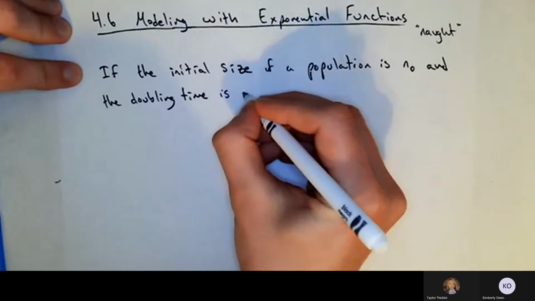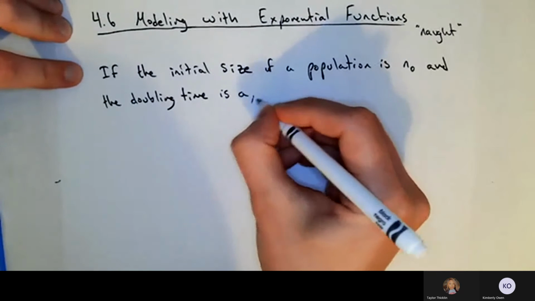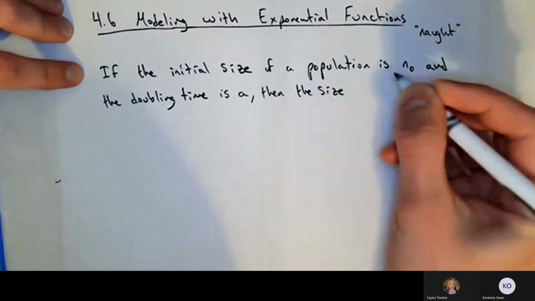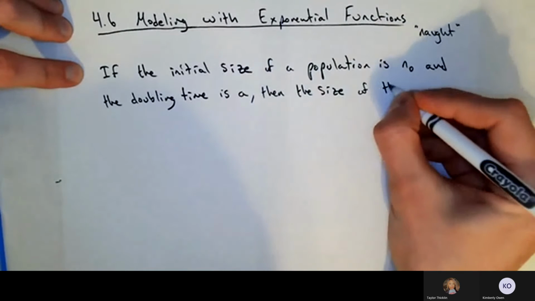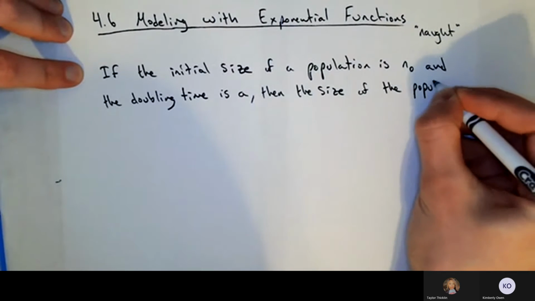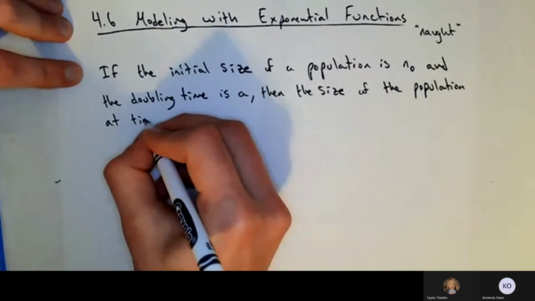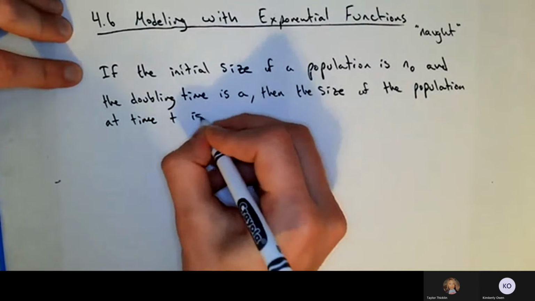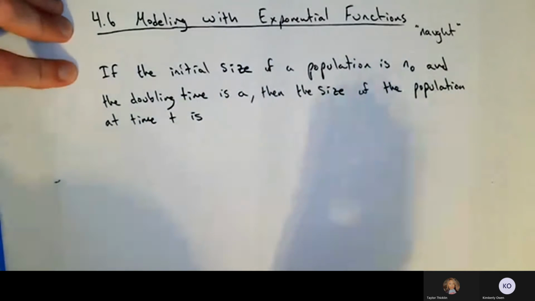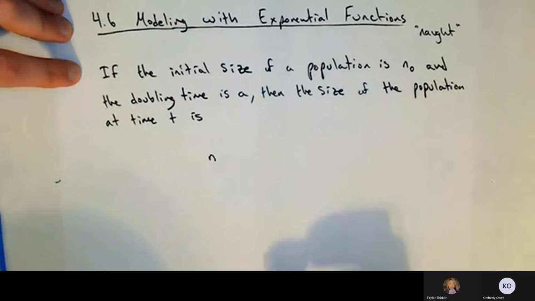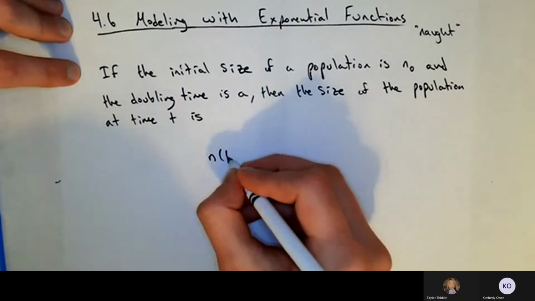is A. Then the size of the population at time t is, so it's a function of time, number of things in the population dependent on time.